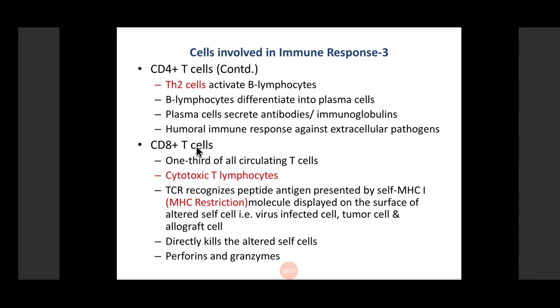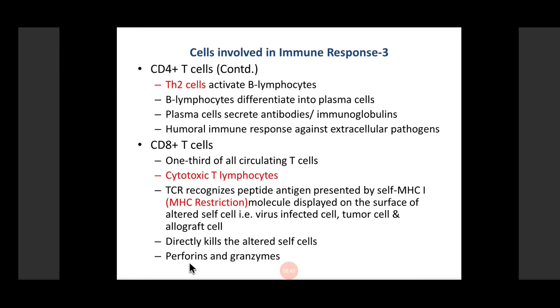Now, once the CD8 positive T cell recognizes the peptide antigen presented in context with MHC class 1, it gets activated and then directly kills that very same cell which is presenting that antigen. This is done by producing chemicals like perforins and granzymes.